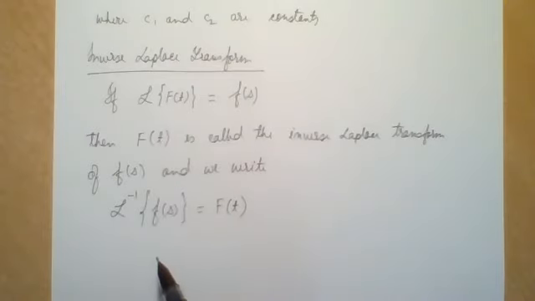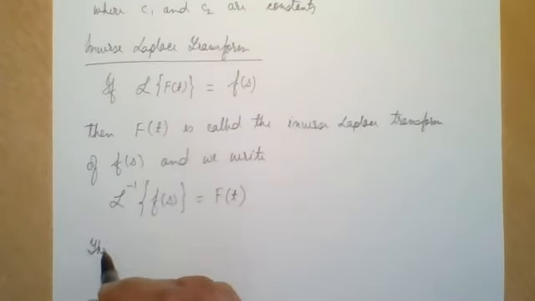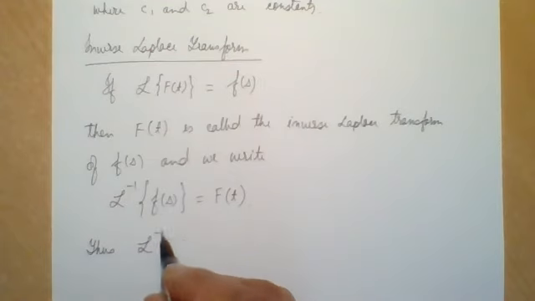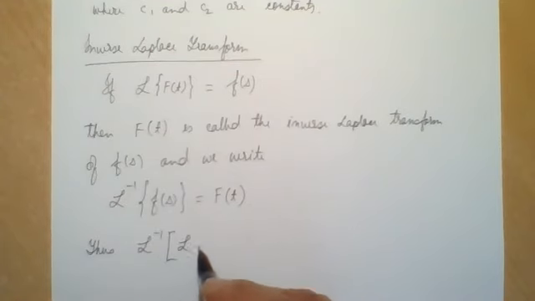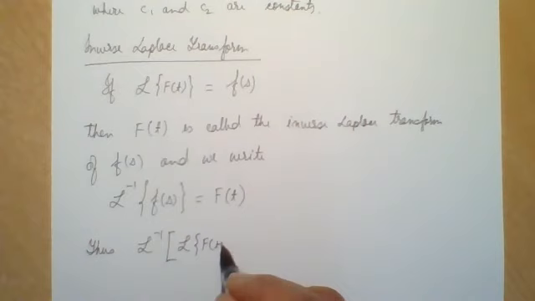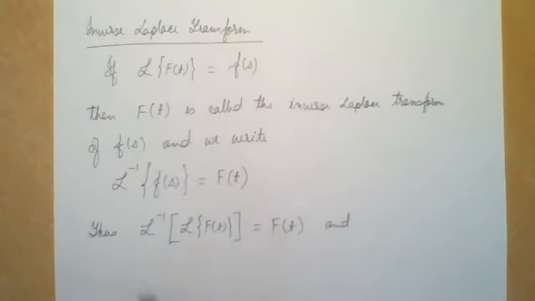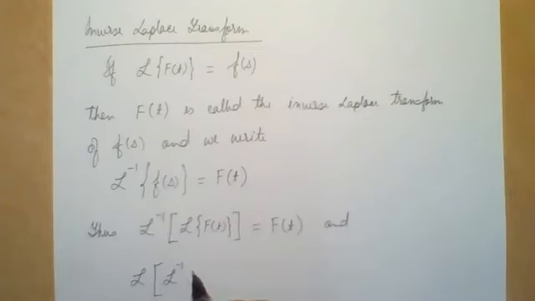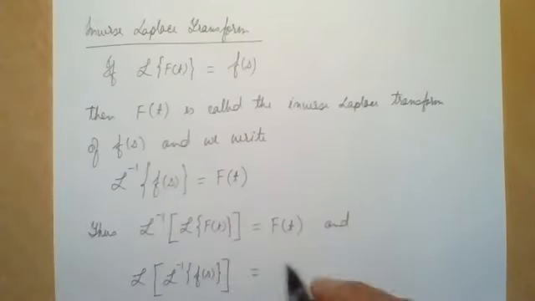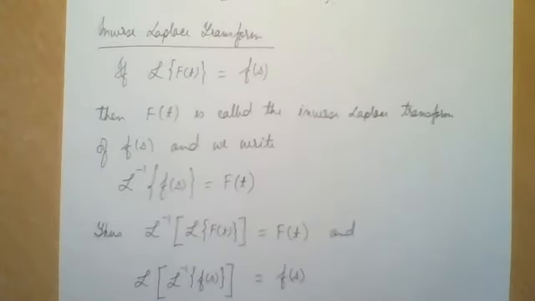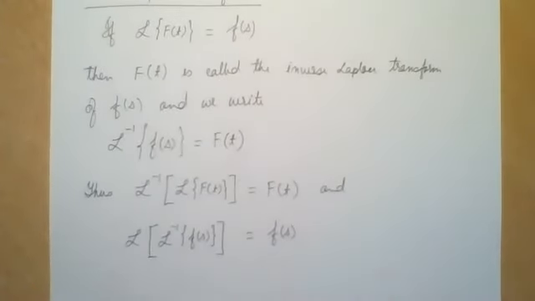These two are inverses of each other. So we can write thus: the inverse Laplace transform of the Laplace transform of F of t is nothing but F of t. And similarly, the Laplace transform of the inverse Laplace transform of f of s is nothing but small f of s. There you go. So this is all about the inverse Laplace transform.